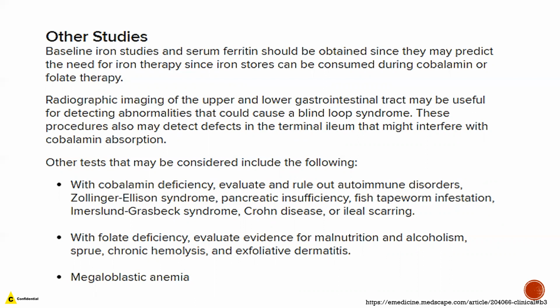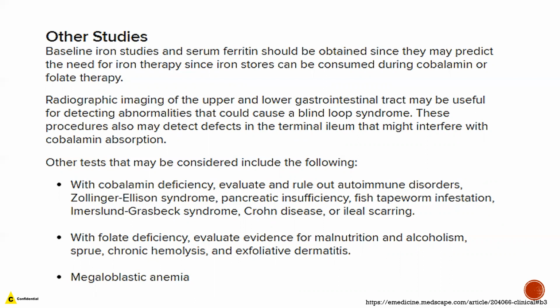A radiographic imaging of the upper and lower gastrointestinal tract may be useful for detecting abnormalities that could cause blind loop syndrome. This procedure may detect defects in the terminal ileum that might interfere with cobalamin absorption.